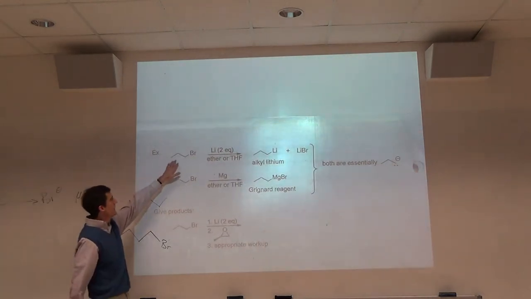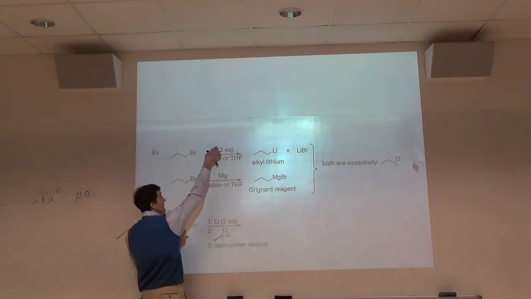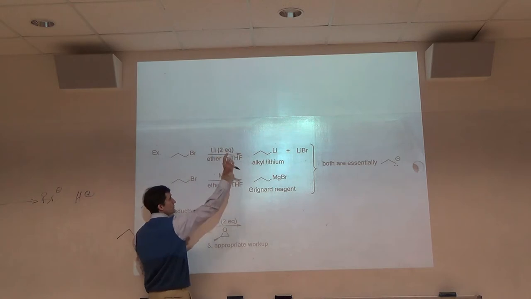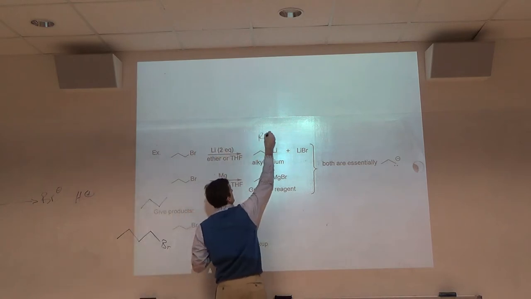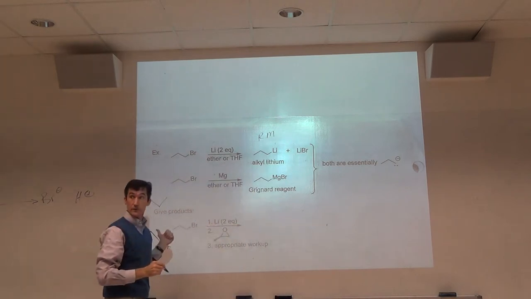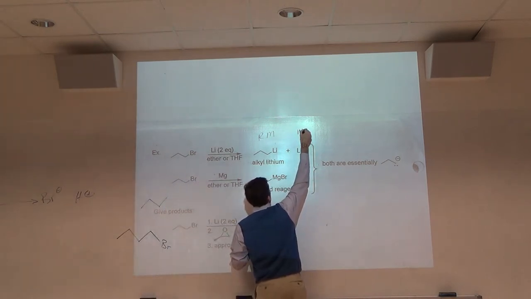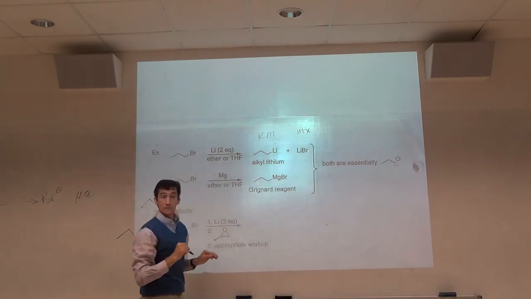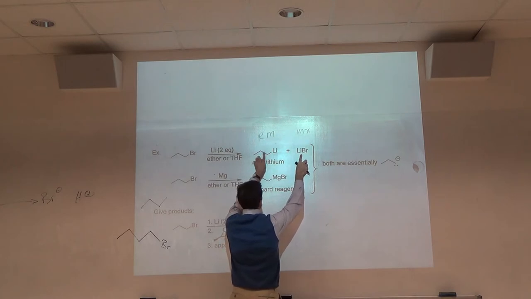You take, and this is a 3 carbon instead of 4, you take this, react it with lithium, which is a group 1 metal. It requires 2 equivalents. You can get the R metal, which is shown on the previous page, plus also metal X. Is that what was shown on the previous page? I think so. And that R metal, and then that's MX, metal X.